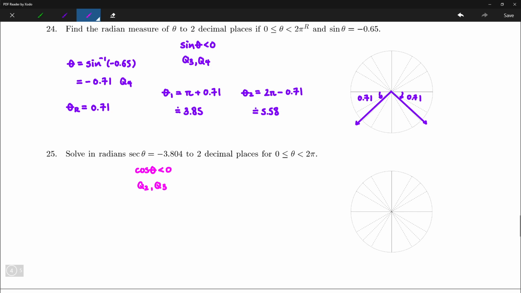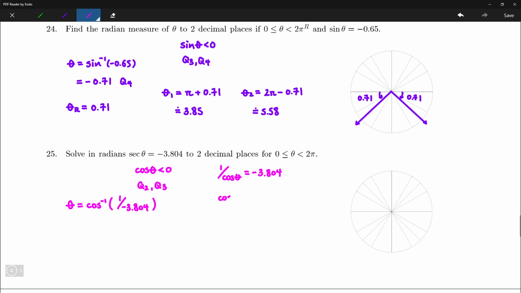Okay, so to find the first angle, again, we're going to use a calculator. So theta is equal to arc cosine of 1 over negative 3.804. Okay, so the reason why that was done first is if we look at secant theta, that's the same thing as 1 over cosine theta, and that's equal to negative 3.804.